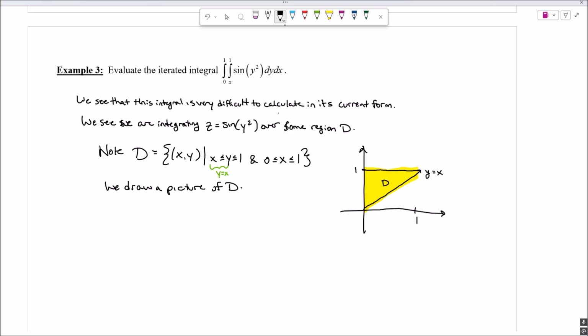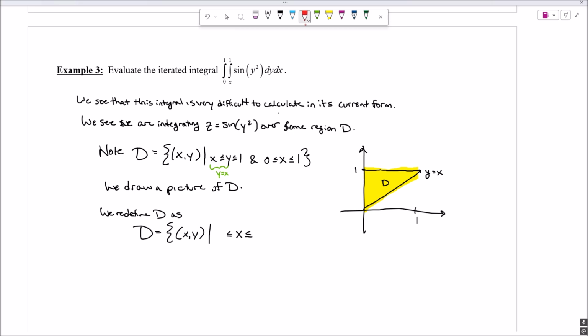So if this is my region, I can try to find a way to re-express this. Right now I thought about this as a region with a clear top and bottom, but what if I thought about this region with a left and a right bound? So I'll say that we redefine D as a collection of xy points out in the xy plane, but now notice I can think about bounds on x.